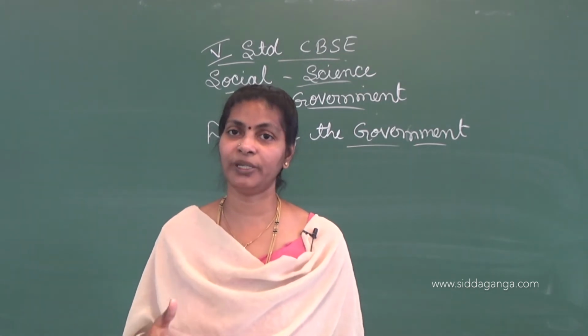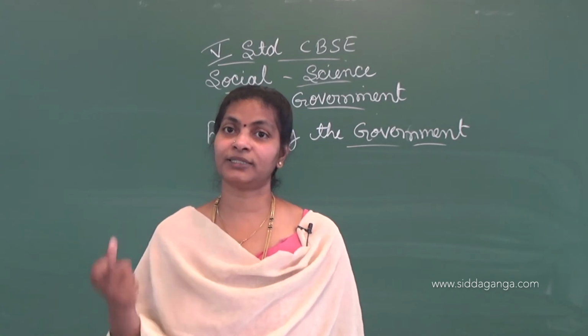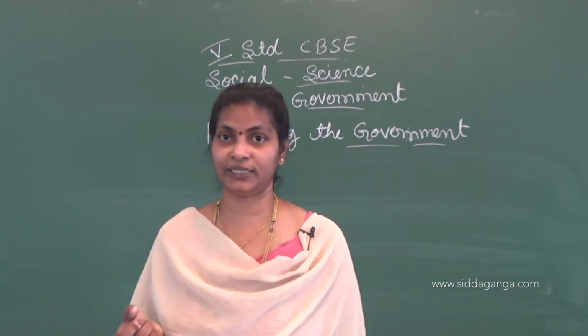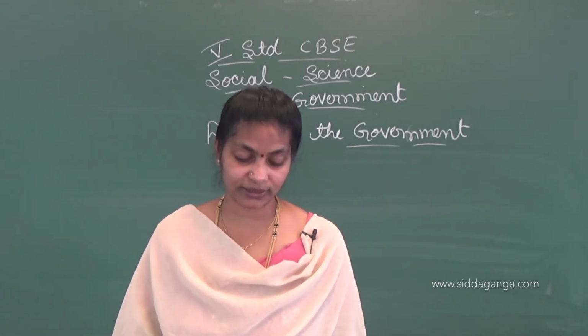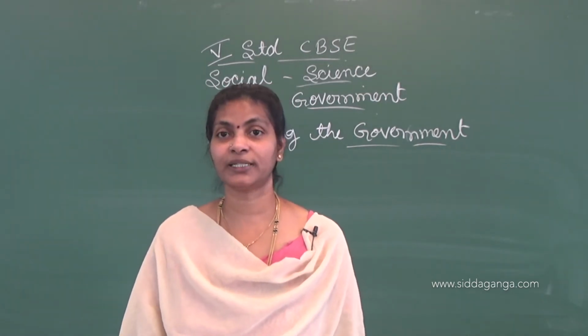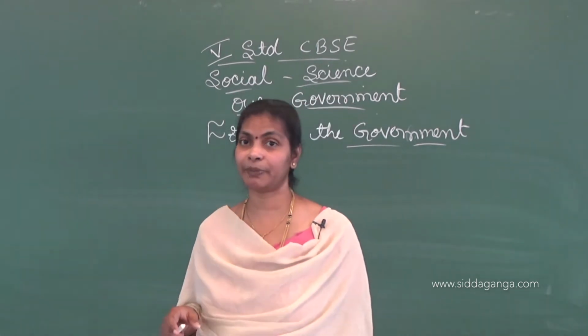Such a type of government is known as democracy. India is also one of the democratic countries. India has a democracy, which, as I already told, means by the people, for the people, of the people.